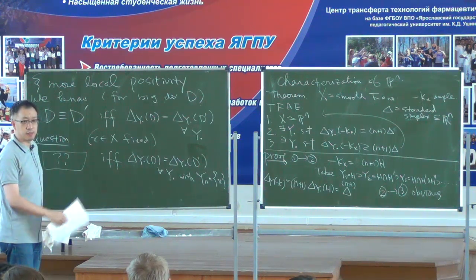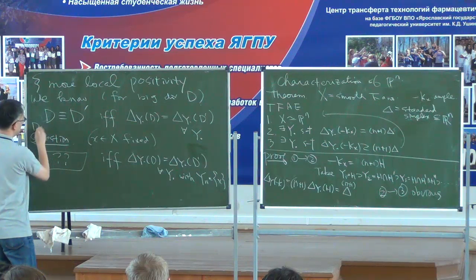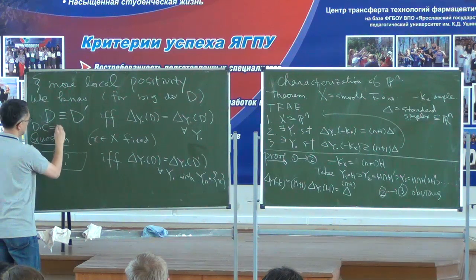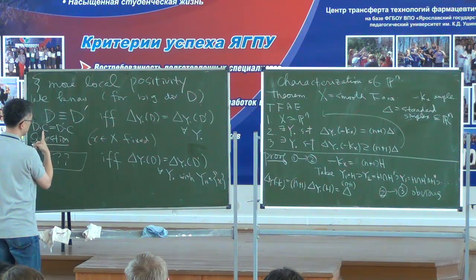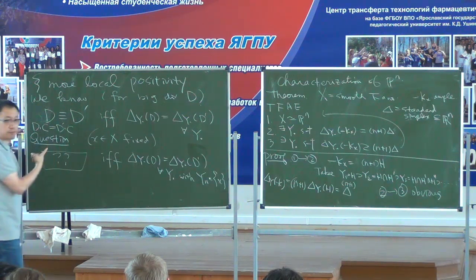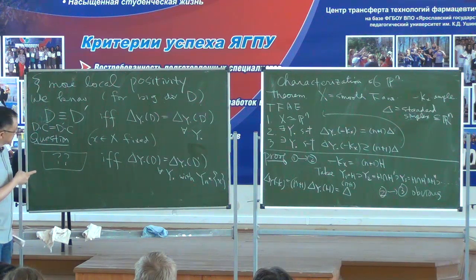Any guess? So this means D dot C is D prime dot C, where C is any curve. So intersection numbers are always the same for any curve. Right?